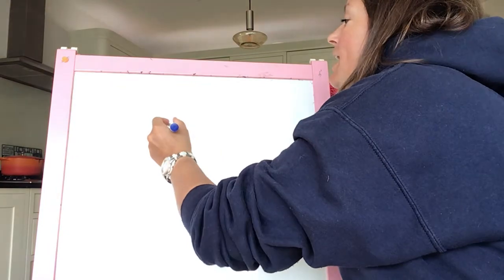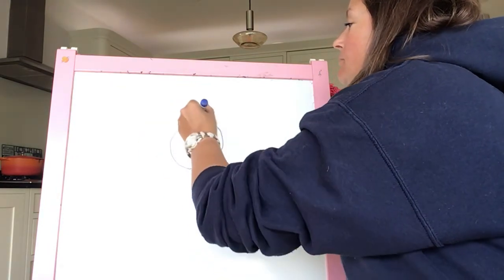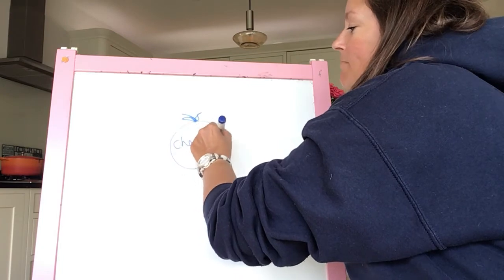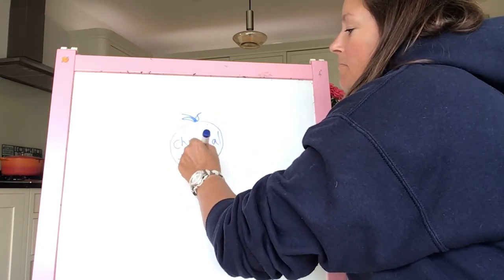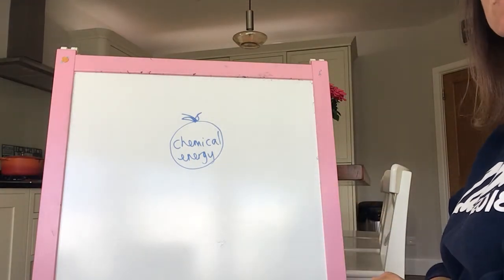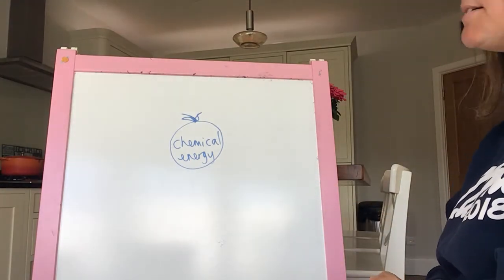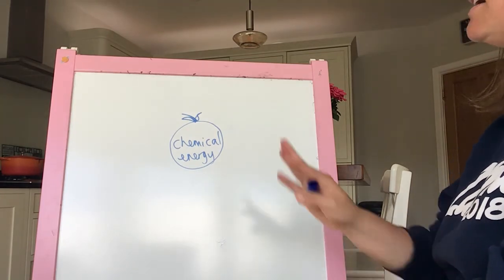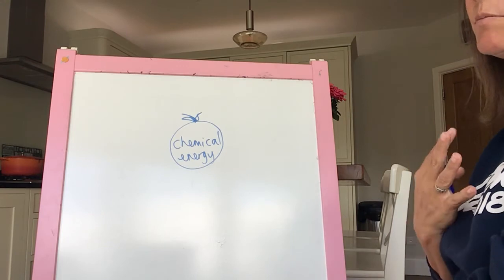Okay, so we have an apple. So do you remember this is chemical energy? Okay, because it's food. And remember that chemical energy was one of the examples of stored energy, wasn't it? The energy doesn't get released until we digest it. So we have chemical energy, and then we eat it and we digest it.